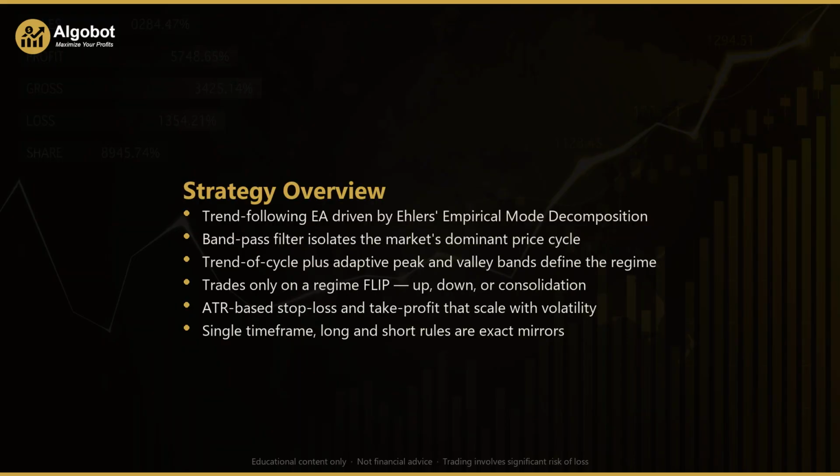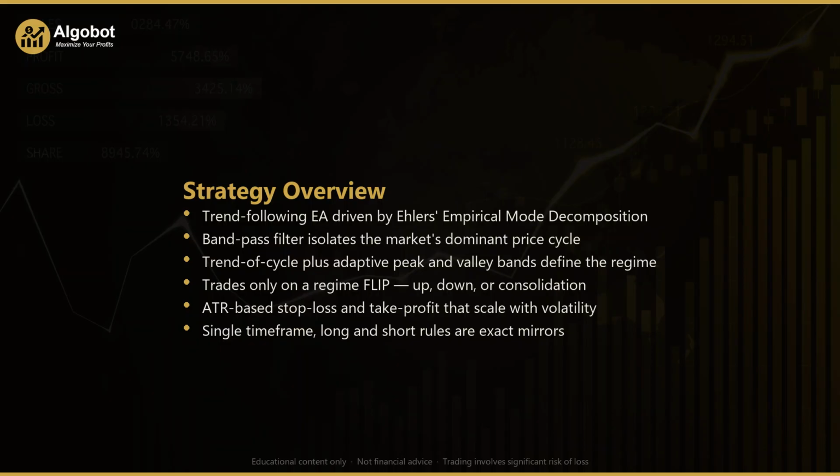So what is this strategy actually doing at a high level? Empirical Mode Regime Shift is a trend-following expert advisor, but it approaches trend detection in an unusual, signal processing way. Most trend systems compare price to a moving average or a fixed threshold. This one instead decomposes price into its underlying components, borrowing from a technique called empirical mode decomposition, popularized for traders by John Ehlers.